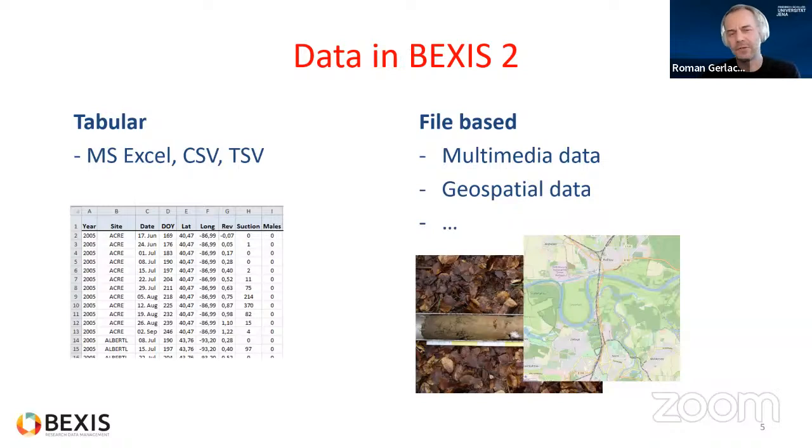Then we have also additional file-based data that BEXIS can hold. This is a very simple approach. You just upload files of any kind, and then you specify the metadata for that, and then it's basically registered in the system and can be managed there.